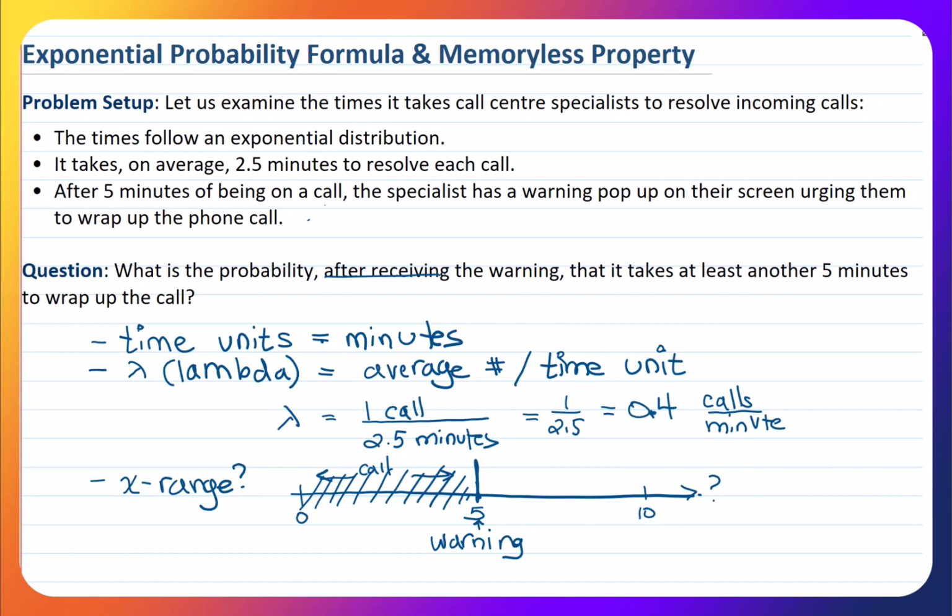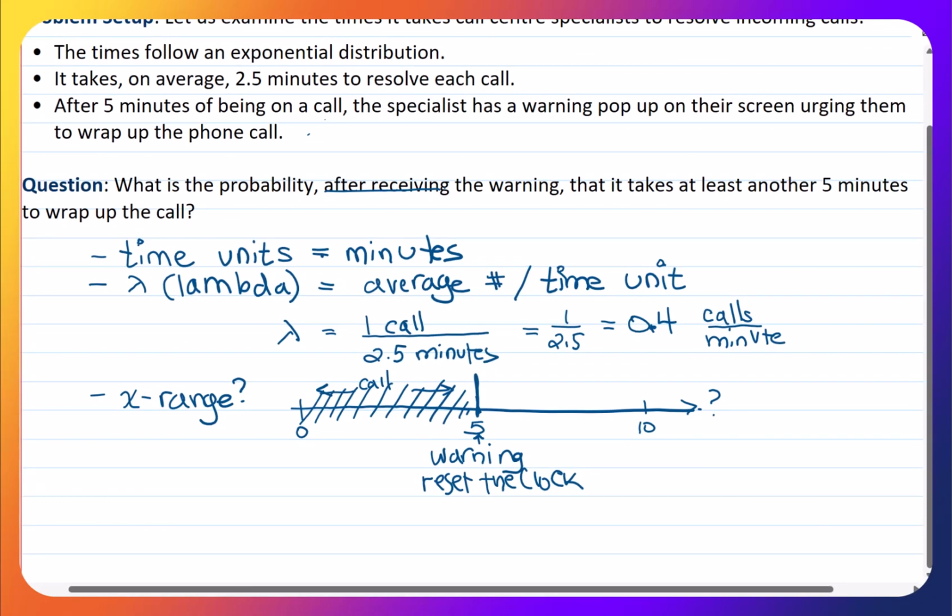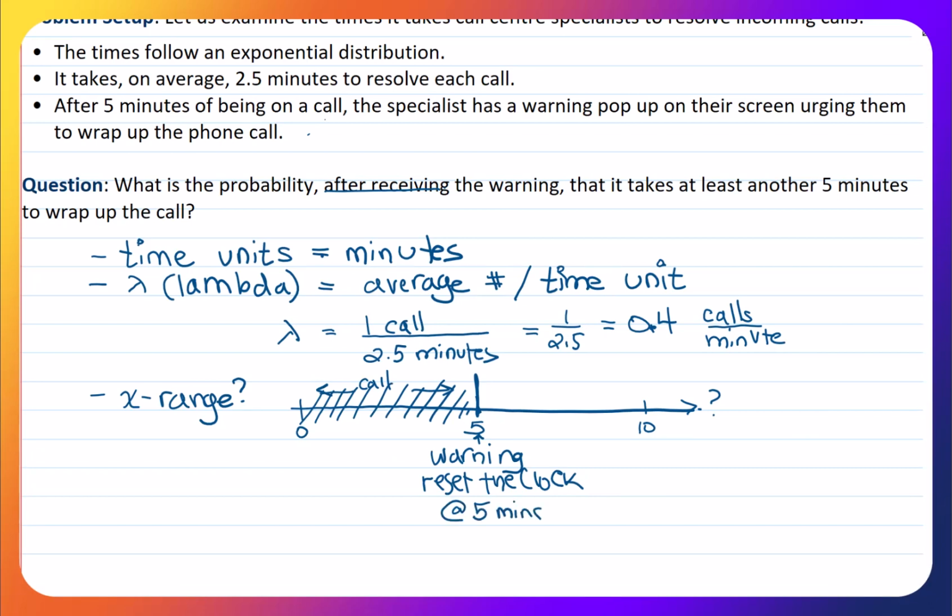So basically, it doesn't matter that the specialist has been on the phone with this person for 5 minutes. They're just as likely to be on with them for at least another 5 minutes, if that makes sense. So we reset the clock at this 5 minute mark. Basically, when we receive that warning, we're starting from there, and after we received it, what are the odds that it takes at least another 5 minutes is our question that we want to solve.